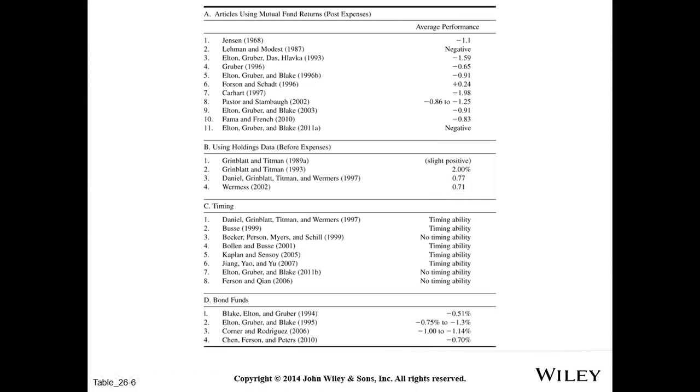But when expenses have been adjusted, the 12B fees and the management expenses, not the front and back end load, it has been found that in general, the alpha of the funds is negative or positive? Negative, sir. So can we conclude that mutual funds in general underperform the benchmark?